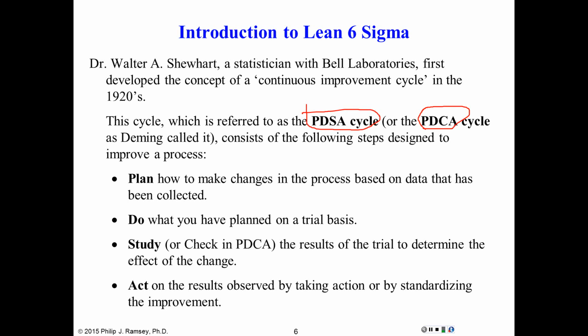It is still used today, but you're going to see later in Six Sigma we further developed the PDCA cycle into something called the DMAIC cycle, which is more rigorous and has actually more tools available to it. But the beginnings of what we call the DMAIC cycle, that I'm going to explain in a moment, began with Plan, Do, Check, Act, which really can be attributed to Shewhart and Deming.